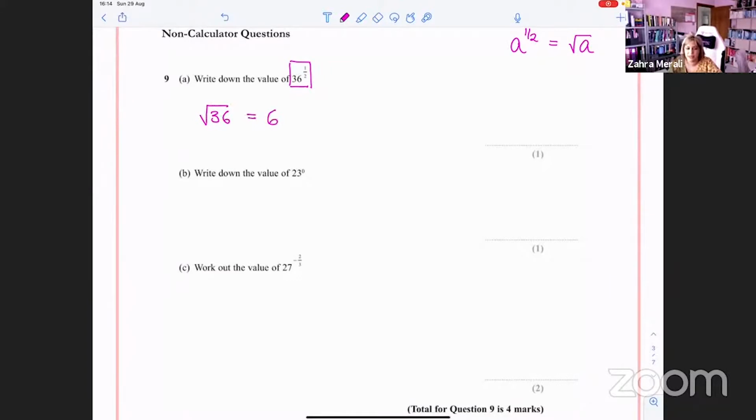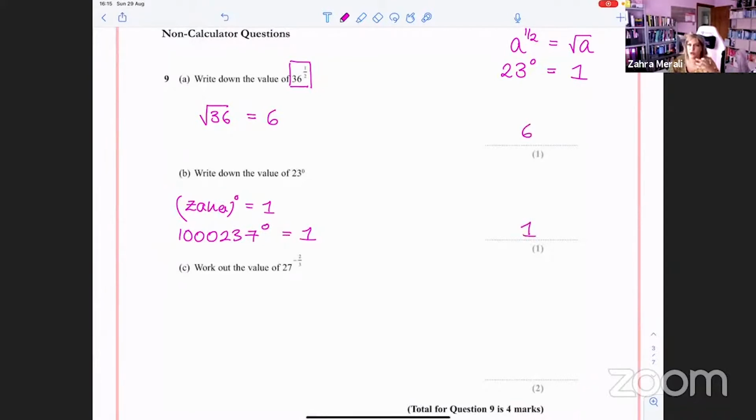One of your other rules, where we've got to the power of 0, is always going to be 1. We could have 1,000, 2, 3, 6, 7. It doesn't matter what it is. Anything to the power of 0 is always 1.